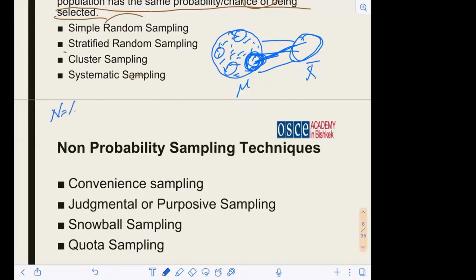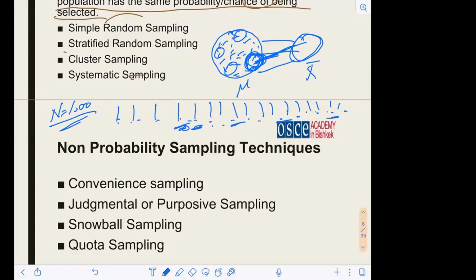Let's say my N is 100 or 100,000 or 1,000. This is how my data is lying. Everyone is a person or element. What I'm going to do is select every 5th: 1, 2, 3, 4, 5, every 5th, and likewise.